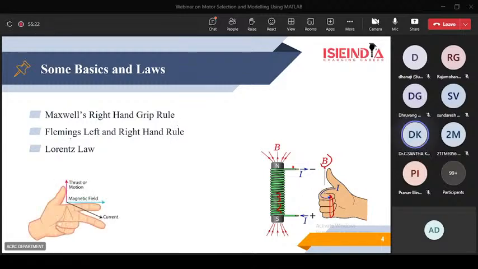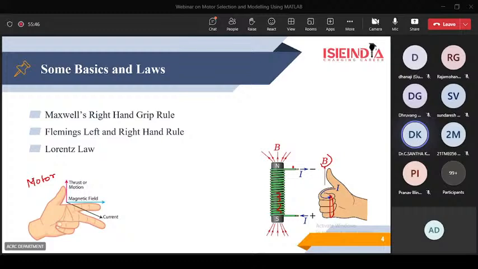Then Fleming's left hand rule. There are two rules: the left hand rule and the right hand rule. The left hand rule applies to the motor. In a motor we give electricity and get mechanical energy, so there is a conversion of electrical energy into mechanical energy.